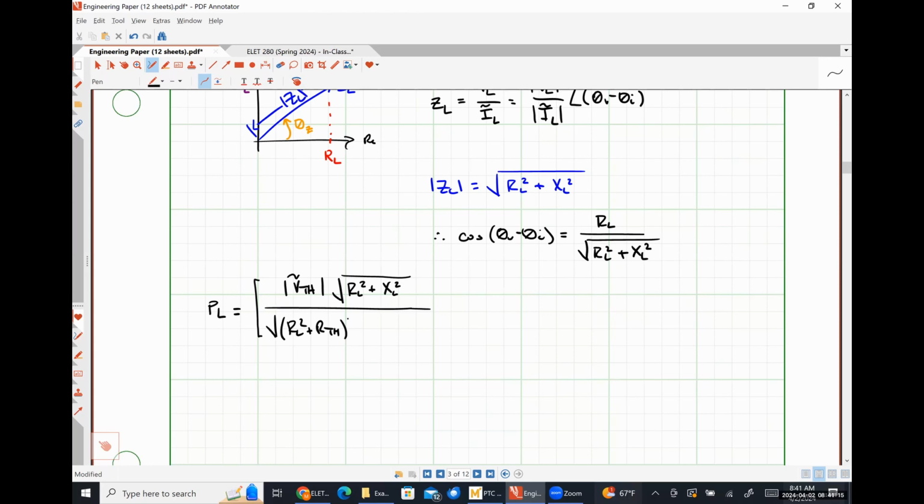Sorry, there shouldn't have been a squared here. There should be a squared outside. All of that is under a square root. So that's VL. IL is the magnitude of VTH.